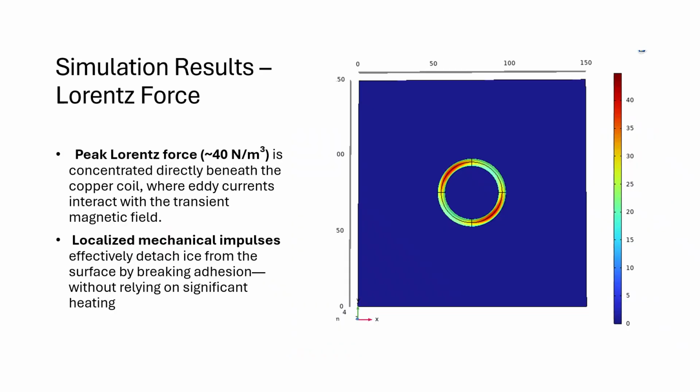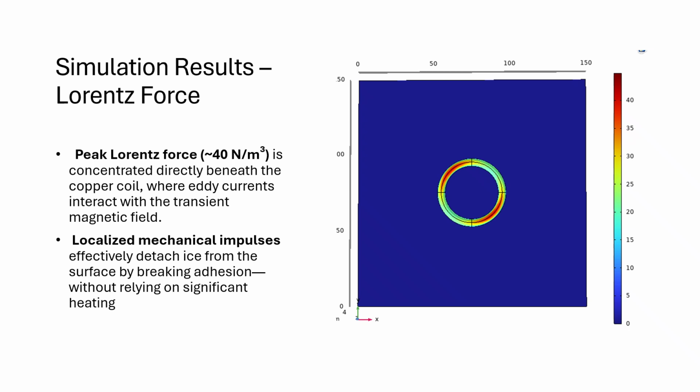This is the impact of Lorentz force, where we can see in the picture that the peak Lorentz force, 40 Newton per cubic meter, is concentrated directly beneath the copper coil where eddy currents interact with the transient magnetic field. The localized mechanical impulse effectively detaches the ice from the surface by breaking adhesion without relying on significant heating.